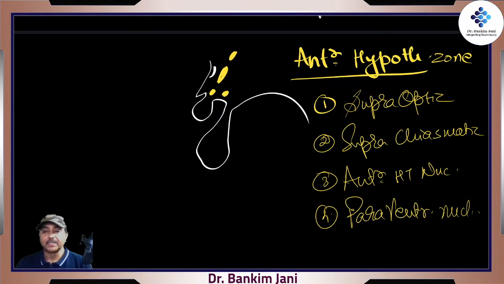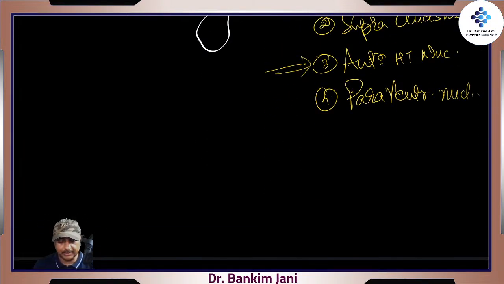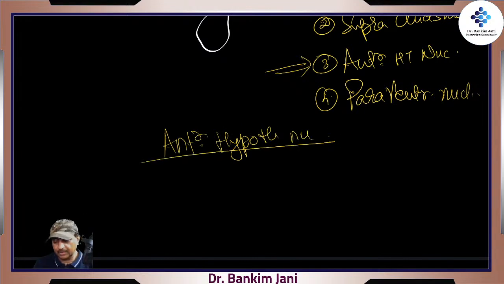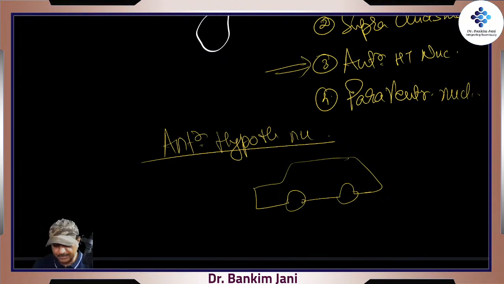Okay. Think of it that we are taking the anterior nuclei first. So anterior hypothalamic nucleus first. That's the car. This is anterior.